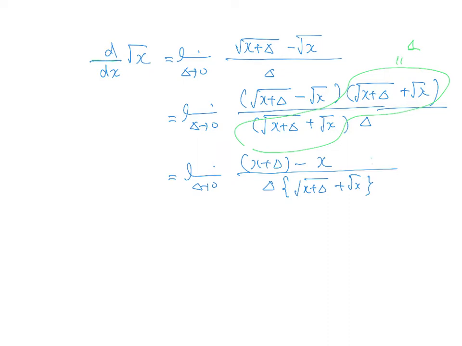This is called numerator. Numerator. In Korean, numerator means 분자, denominator means 분모. And the whole thing is called a fraction. This whole thing is called a fraction. 분수.